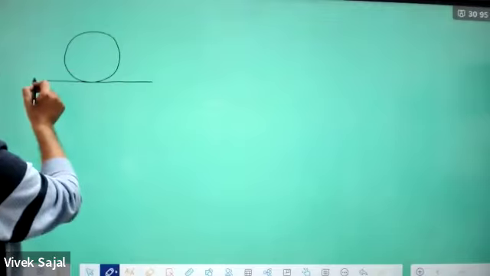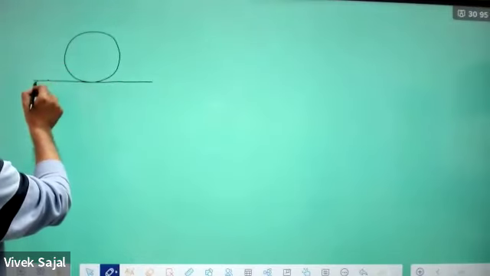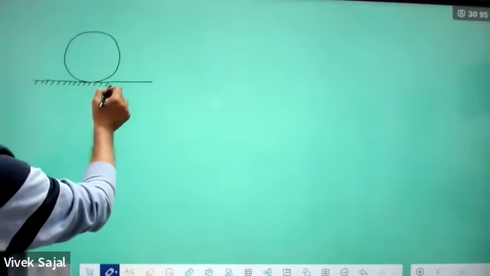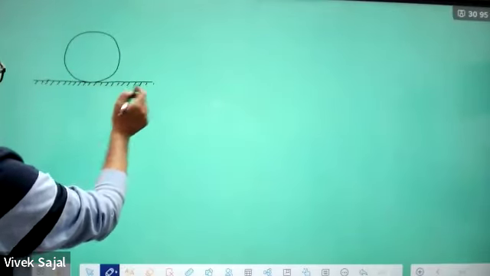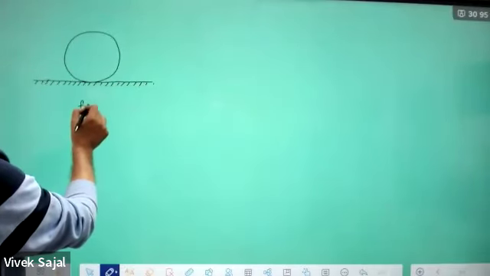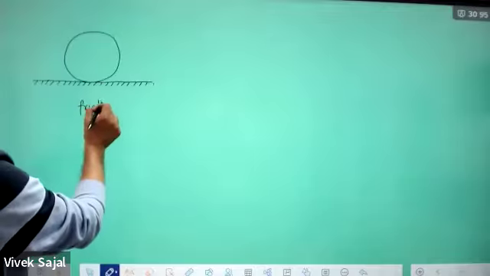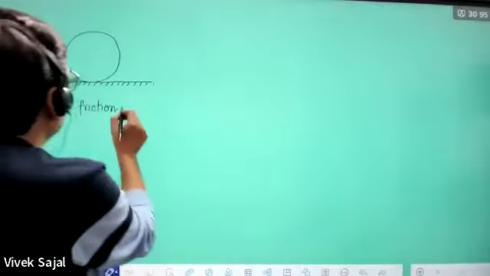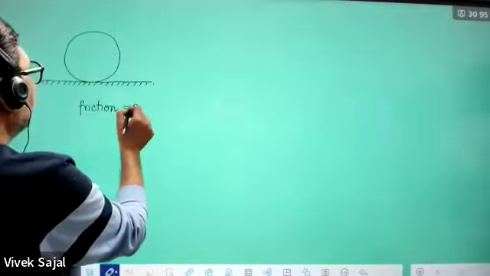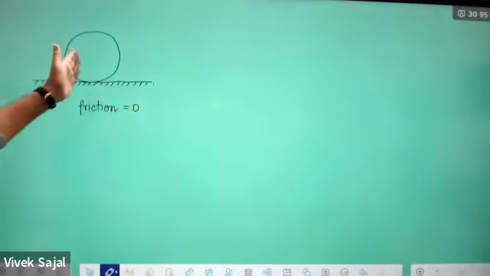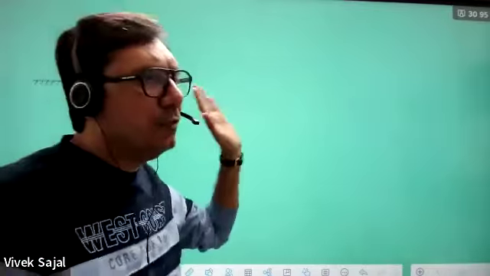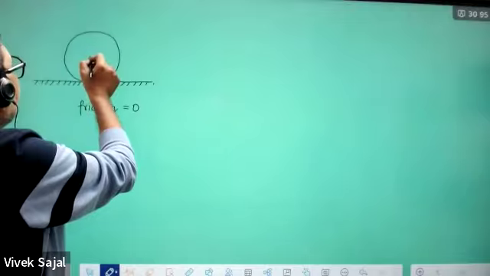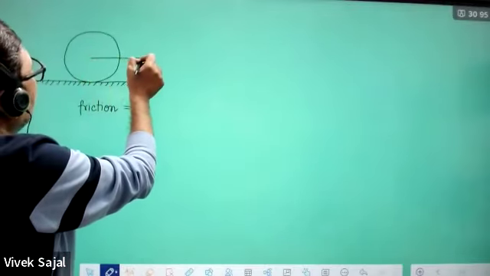Suppose this is a sphere for simplicity, and this surface is frictionless. Try to understand, there is no friction, so friction is zero. If this sphere is going to move forward, it will slip only.